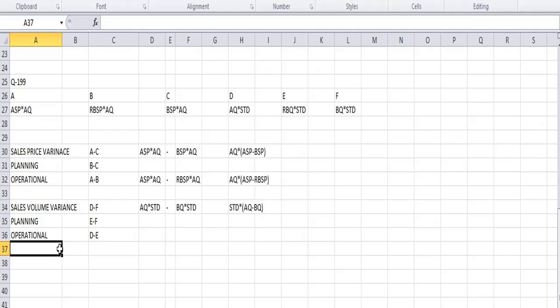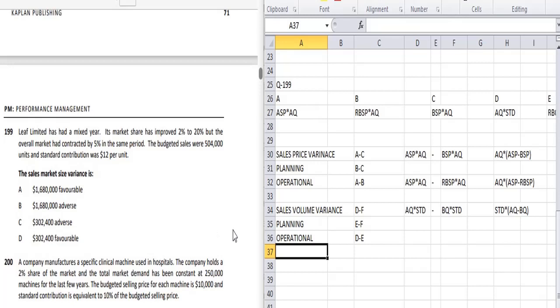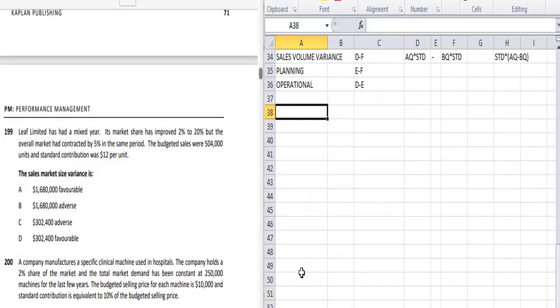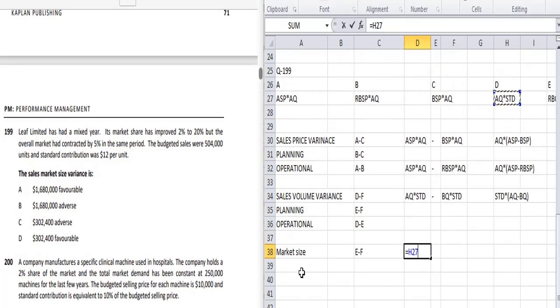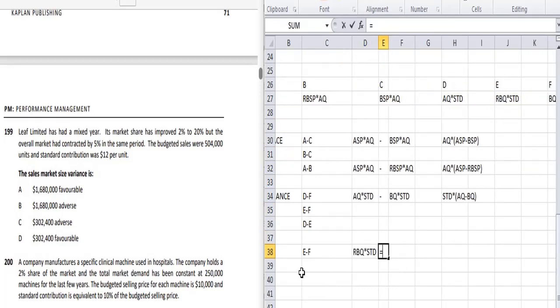So now coming to the question, what the question told, to calculate sales market size variance. Sales market size arises in the volume, and market size means it's a planning, and market share means it's an operational variance. So the question told to calculate market size, which is also known as planning, and planning is E minus F. E is this minus F, and F is this.